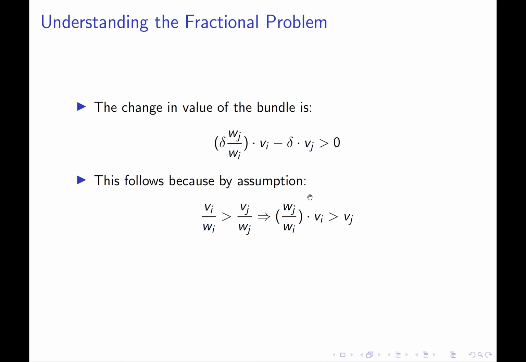Algebraically, that's the same thing as the fact that Wj over Wi times Vi, the amount that we're adding to our objective value, is bigger than Vj, the amount that we're subtracting from our objective value. Okay, and so the amount that our objective value has changed has been strictly positive. And that's a contradiction, because if we truly had the optimal fractional solution X, there would be no way to get another feasible solution that had higher objective value.